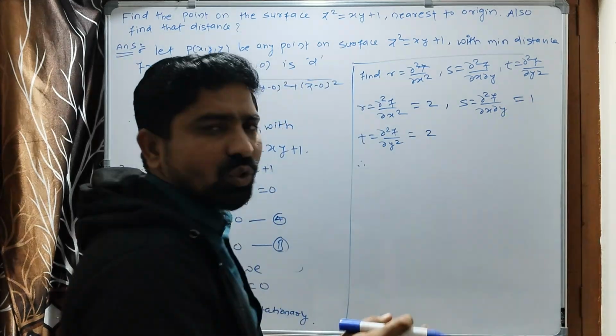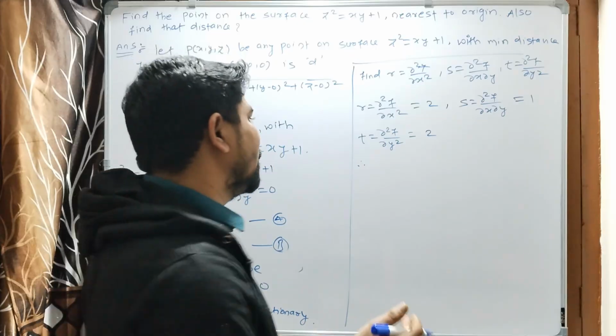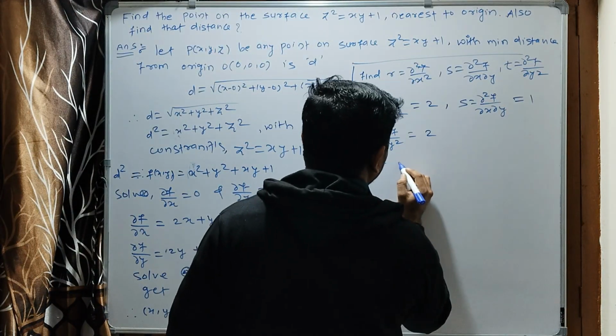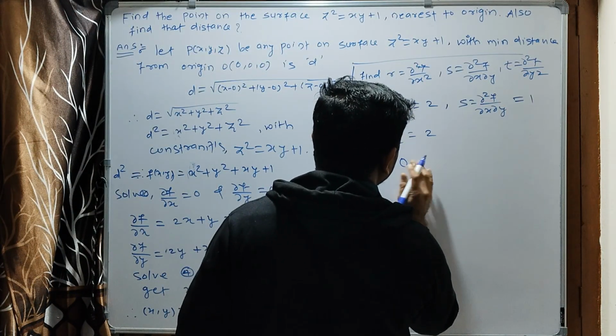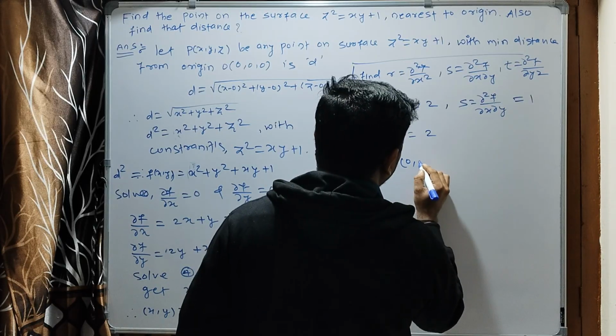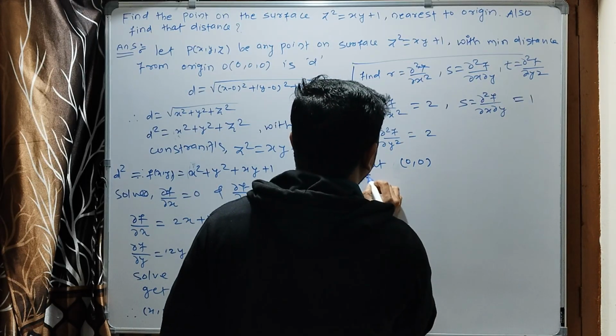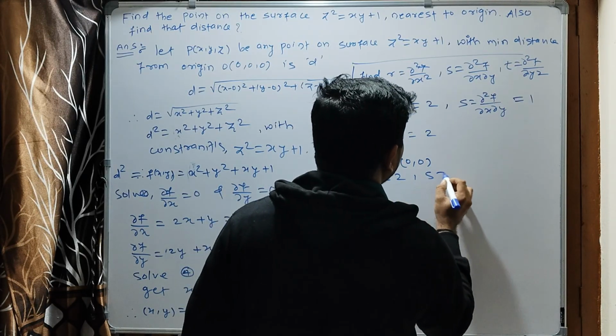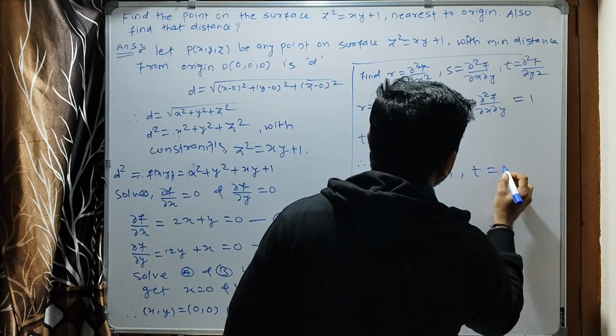So at 0, 0 also the r, s values are the same. Therefore, let's say at the critical point 0, 0, here r equal to 2, s equal to 1 and t equal to 2.